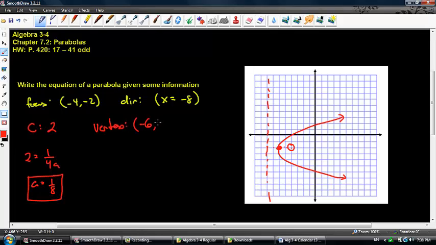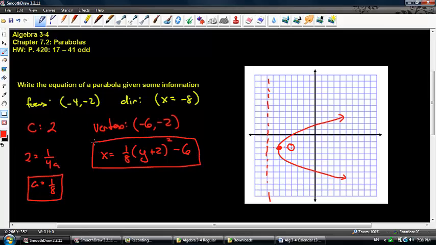Negative 6, comma, negative 2. Now I have all the information that I need. I just counted out. That's how I was able to find the vertex. So now I'm going to get x equals 1/8 (y plus 2), opposite your intuition, squared minus 6. And that's as far as you need to go.